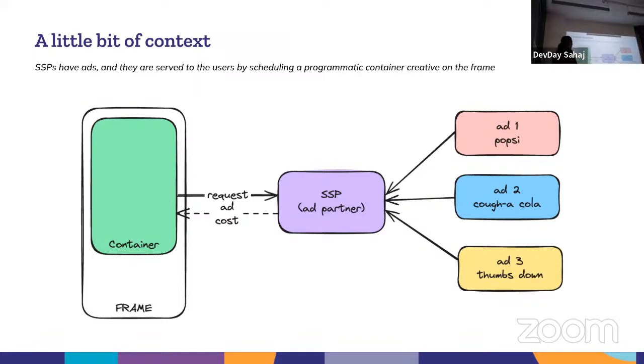So there's a container that makes a call to the SSP, and the SSP has, just so I avoid copyright violations or trademark issues, 3 ads, one from Popsy, one from Coca-Cola, one from Thumbs Down. These ads don't belong to me, they're with the SSP. When the container makes a request to the SSP, we are going to rely on the SSP to give us one of those ads because at a time we can only play one ad in one frame.